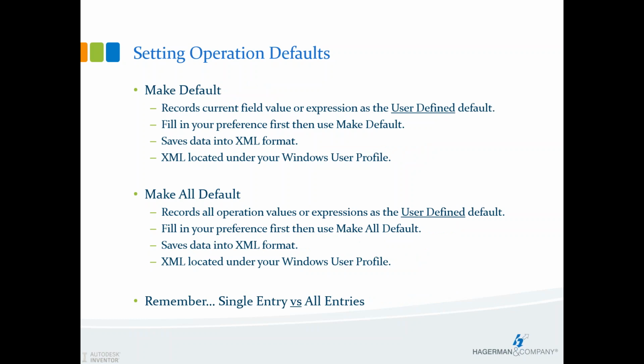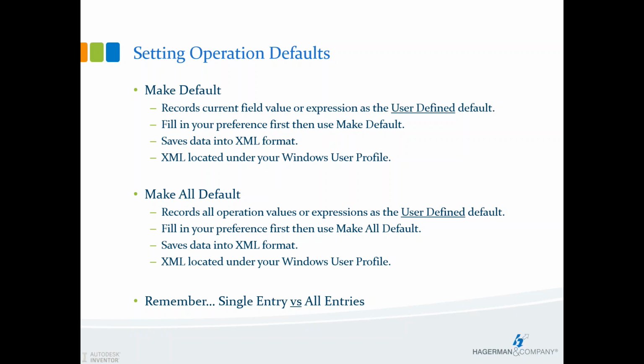Then, of course, you've got the making defaults. When you click Make Default, it's going to record whatever your value or expression is as your defined user default. The idea on how to use this is to put in your number first, then right-click and say, make this the default. It's very easy to do. If you prefer a 50% tool step over, set it up that way and say, make this my default.